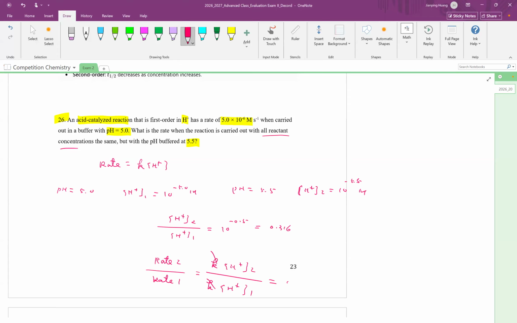And that equals 0.316. You know this one. So I get rate 2. That should be 1.0 times 10 to the minus 6. Put a unit, M per second. The unit is very important in chemical kinetics, right? Got it. So if you get this one, give yourself a point.